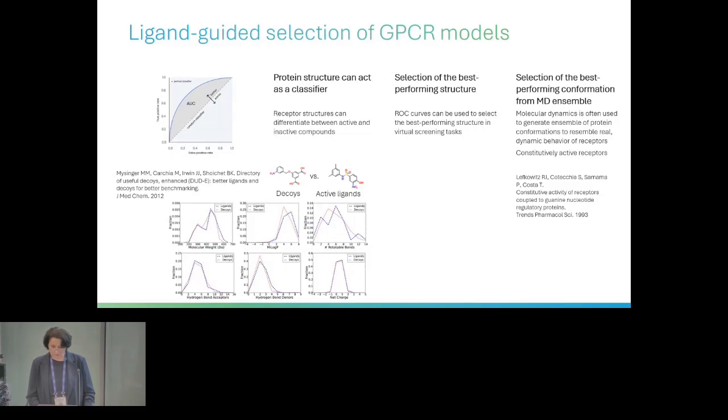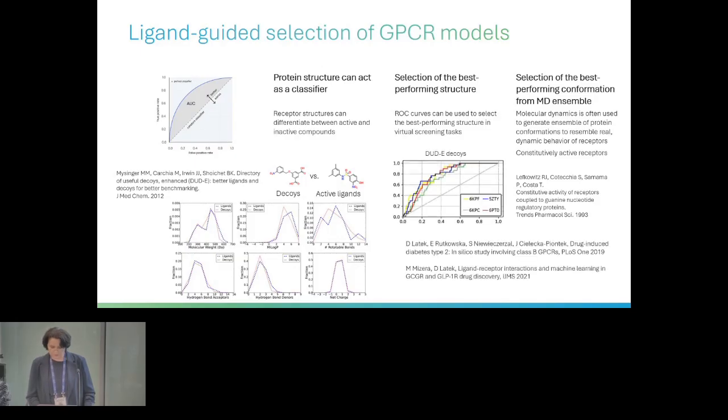Based on ROC curves generated in molecular docking, we selected the best performing receptor structures. This method can be used not only for selection of the best homology models, but also to select PDB structures that are the most suitable for virtual screening, as we showed in 2021. This method can also be used in selection of the best protein conformations from the ensemble of conformations generated with molecular dynamics simulations or obtained with NMR, as we showed in 2019.